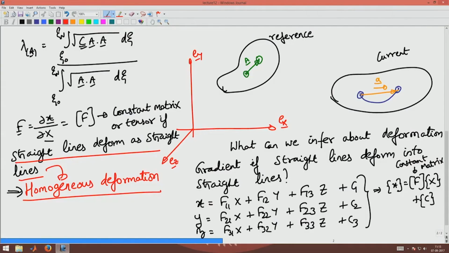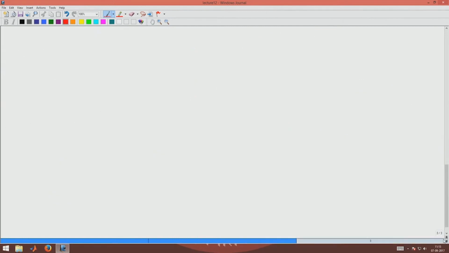Now, for homogeneous deformation what happens? Since for a straight line A is also a constant, capital A is a constant, I can simplify this expression for lambda A further.